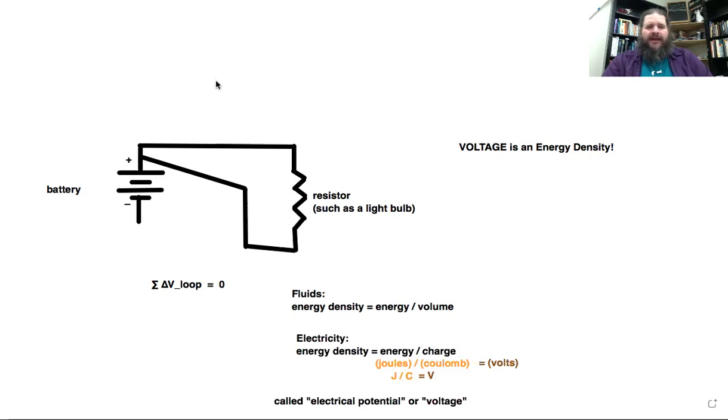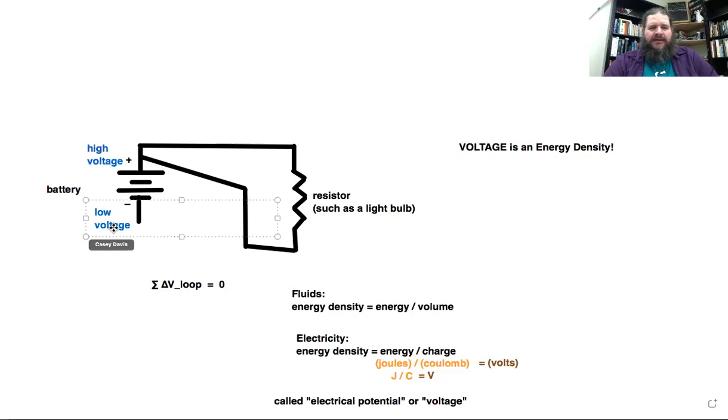You'd have one terminal at a low voltage, that is low amount of energy per coulomb of charge, and the other terminal at a high voltage, lots of energy per charge. And the voltage label on the battery, in this case 9 volts, is just the difference between the low voltage zone and the high voltage zone.